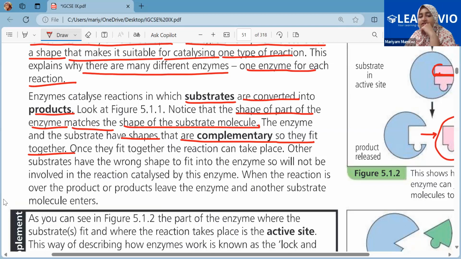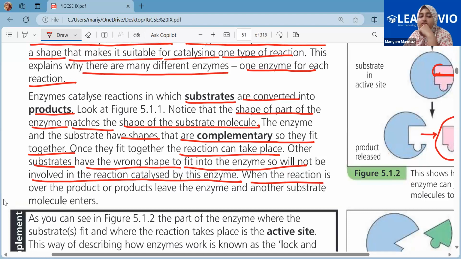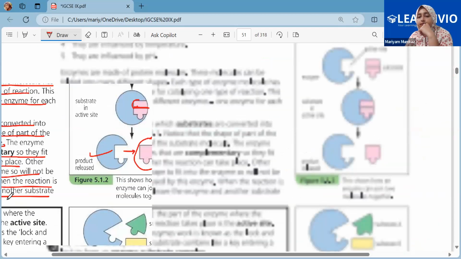Once they fit together, the reaction can take place. Other substrates have the wrong shape to fit into the enzyme, so they will not be involved in the reaction catalyzed by this enzyme. Now, when the reaction is over, the product or the products leave the enzyme and another substrate molecule enters. But this enzyme remains unchanged. Nothing happens to the enzyme. Clear?